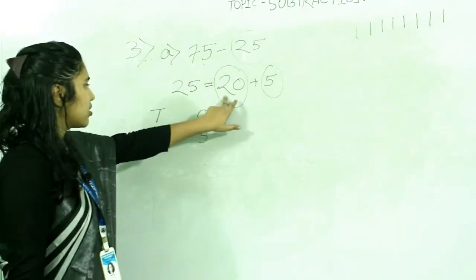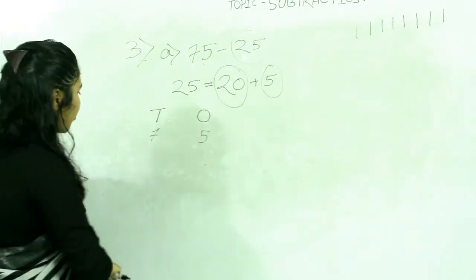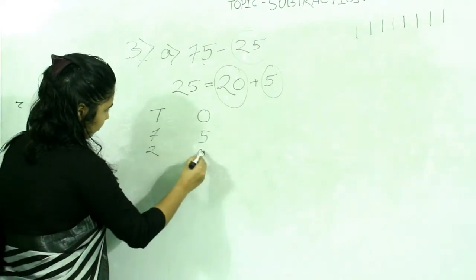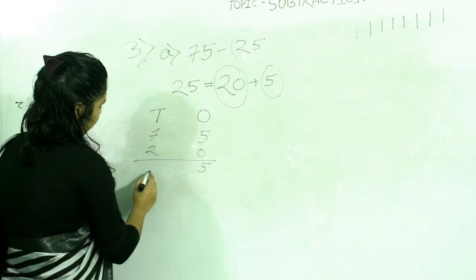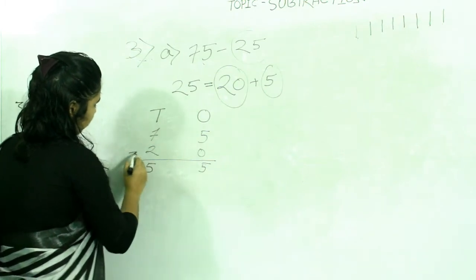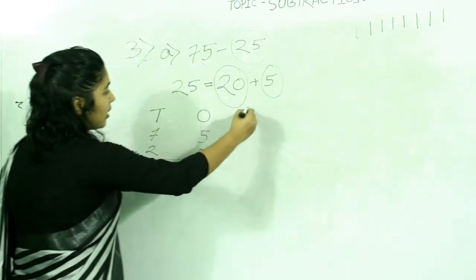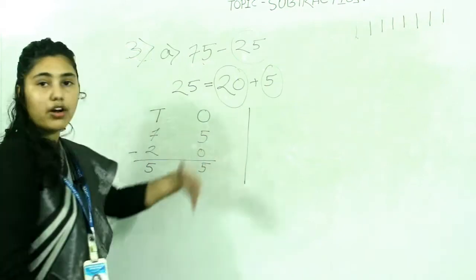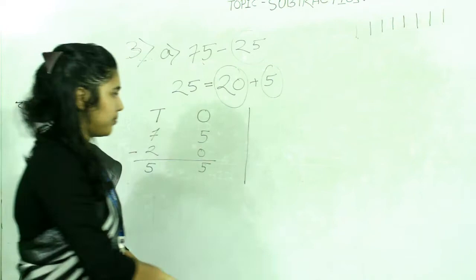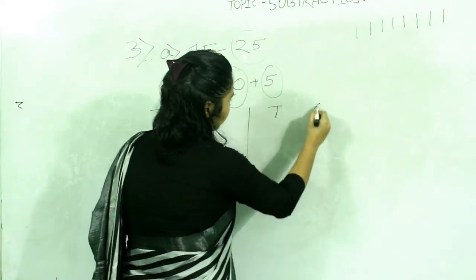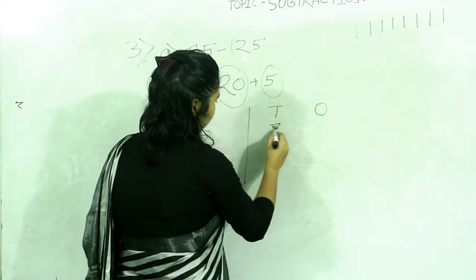Now first subtract 20 from 75. This is 5 and 2 from 7, this is 55. Next step, subtract 5 from 75. Again put 75 first.